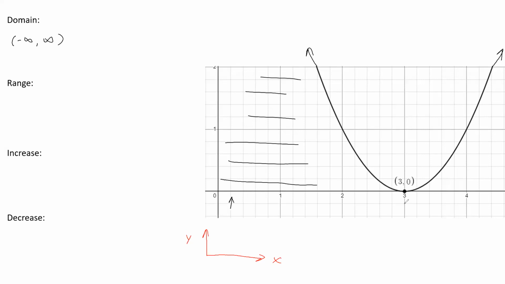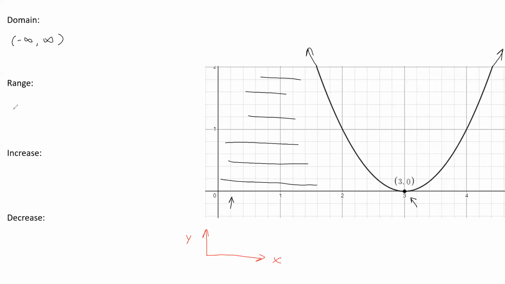We're going to look on our graph: what is the lowest point, the lowest y value at which our line exists? And we can see that it's right here at this point, 3, 0. So we know that the lowest y value we get is 0 because it never goes below that. And since it's a solid dot, we're going to include 0 when we write our range.